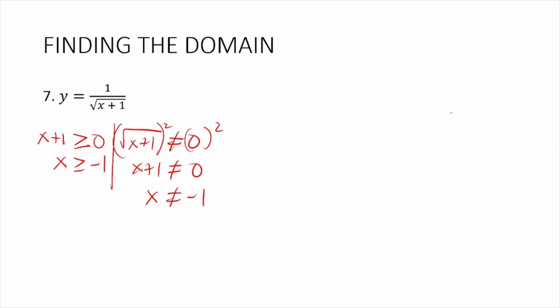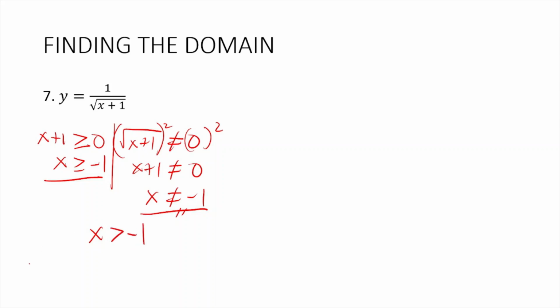Then we compare both sets of x values. According to the first condition, x is greater than or equal to -1. However, according to this condition, x must not be equal to -1. Therefore, we exclude -1 and only include x values greater than -1.